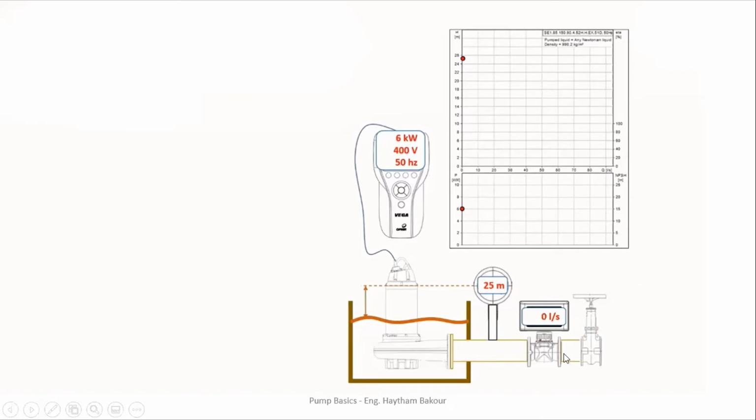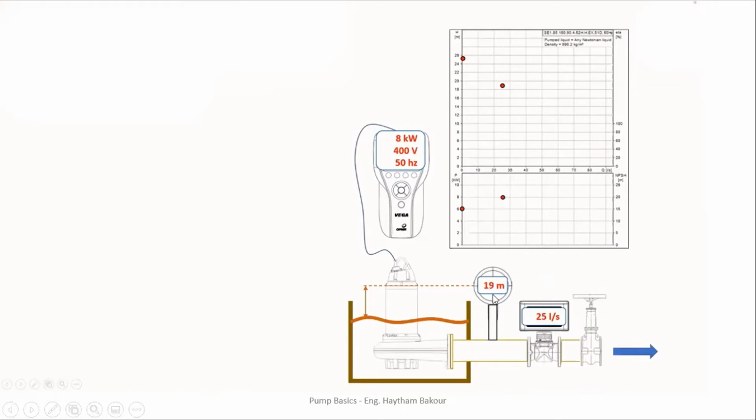Then we open the valve gradually, so we have different measurements. When it is 25 flow, we fix the valve and we read the parameters.